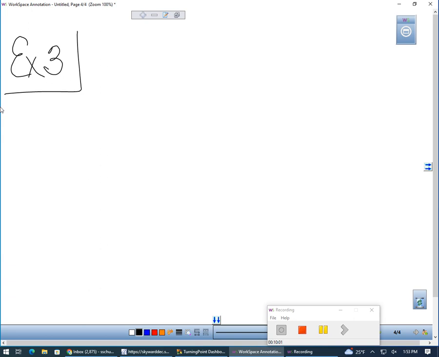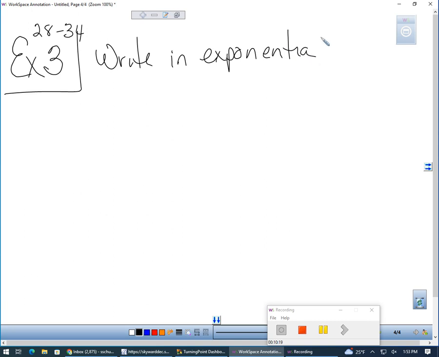Okay. Example number 3 is going to cover 28 through 34. In this one, I want you to write it in exponential form. All right, so let's start off with something easy.